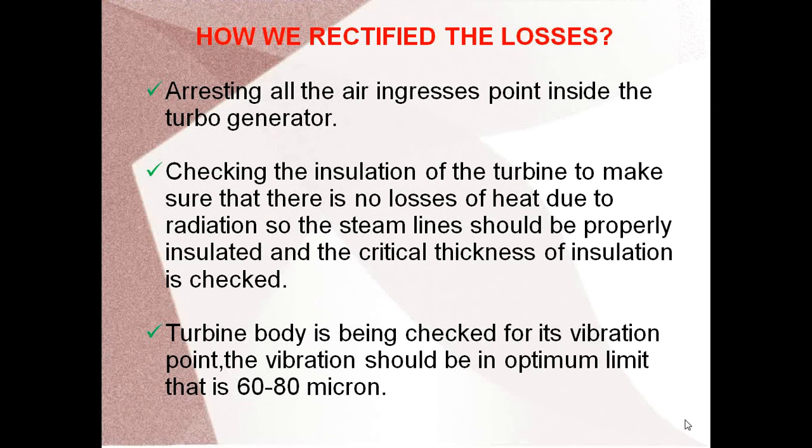Next, checking the insulation of the turbine to make sure that there is no loss of heat due to radiation. So the steam lines should be properly insulated and the critical thickness of insulation is checked. Next, the turbine body is checked for its vibration point, and vibration should be within the optimum limit, between 60 to 80 micron.